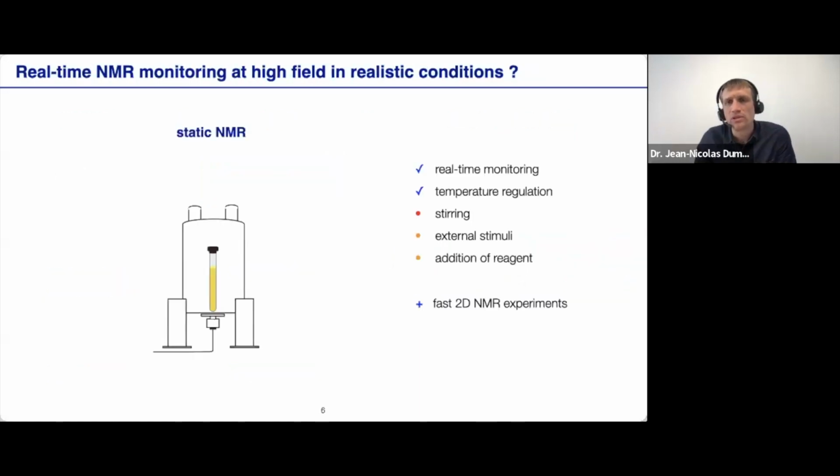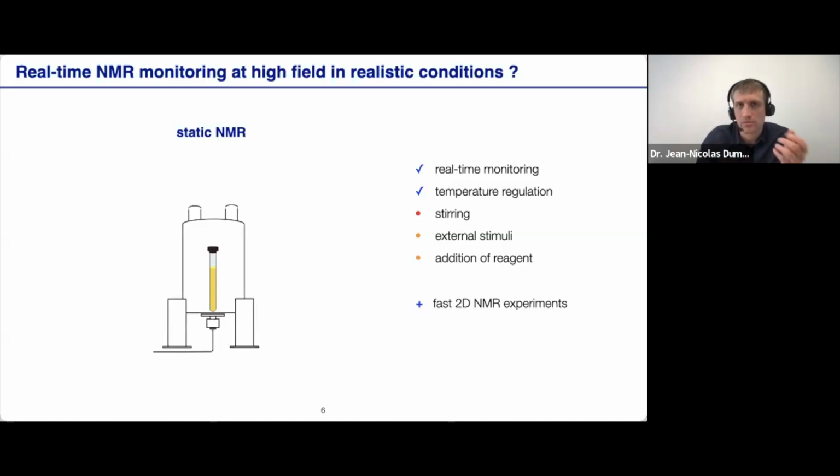Now, there's also the question of how the reaction monitoring data is actually collected. And the most usual approach to do real-time reaction monitoring, to collect data while the reaction is going, is to carry out the chemical reaction directly in an NMR tube.